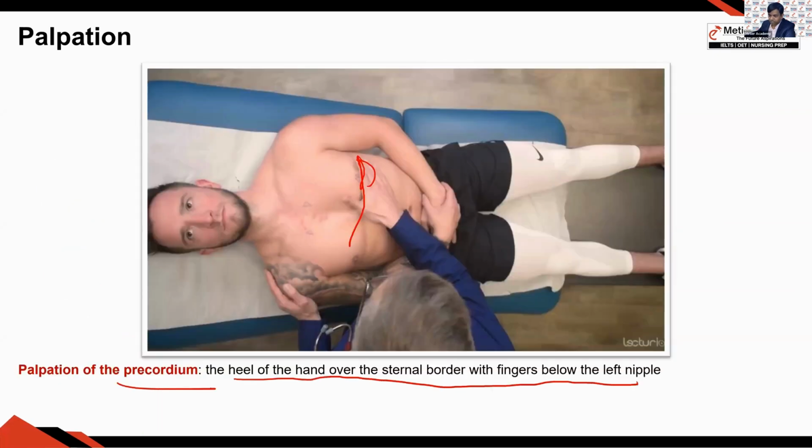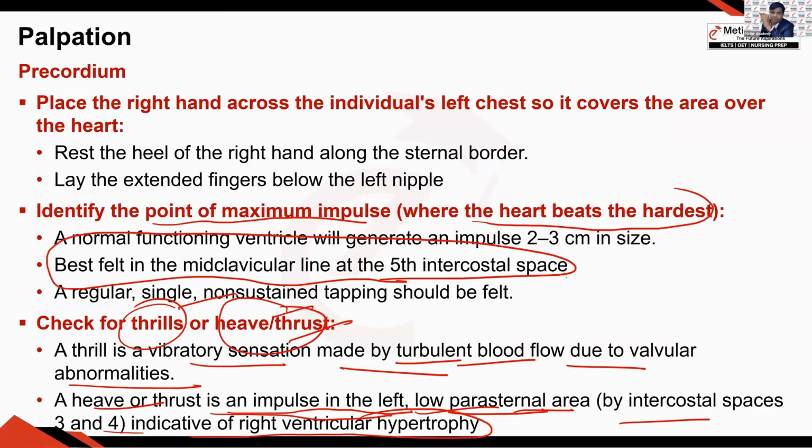This is the low parasternal area. They are assessing that this heave and thrust is an impulse in the left low parasternal area at intercostal spaces 3 and 4, indicating right ventricle hypertrophy. It is an important palpatory finding for the doctor.